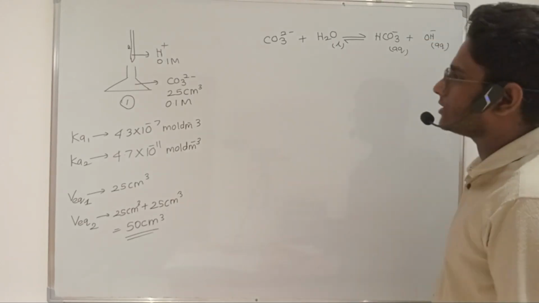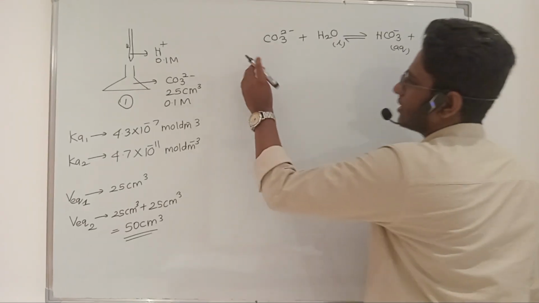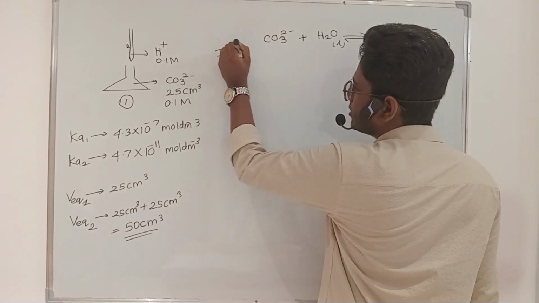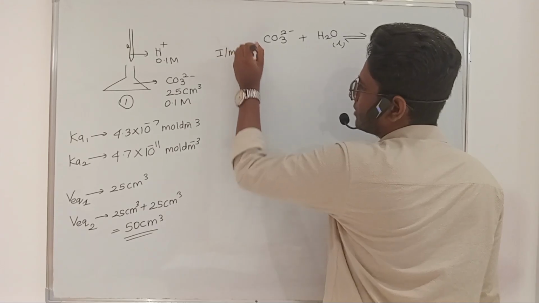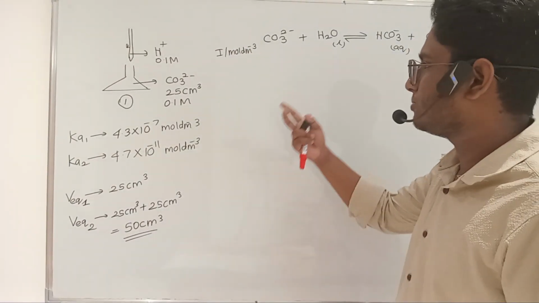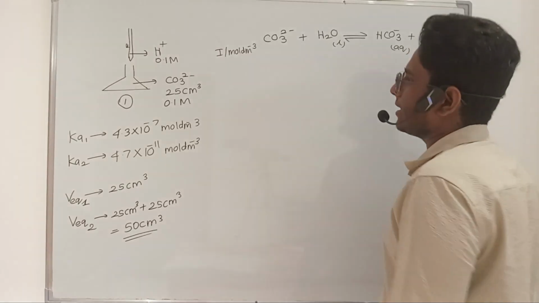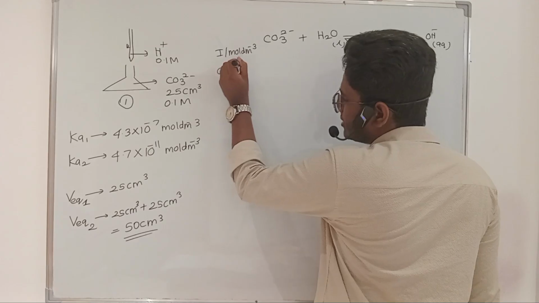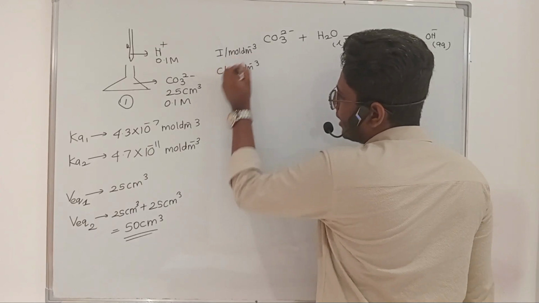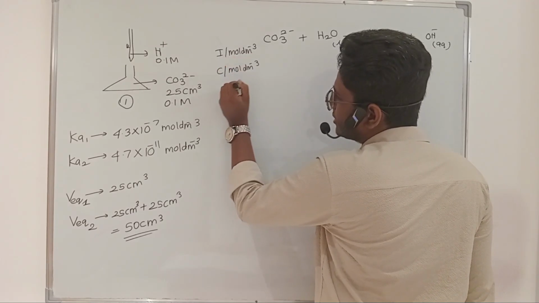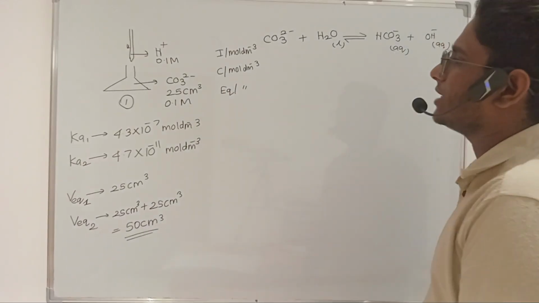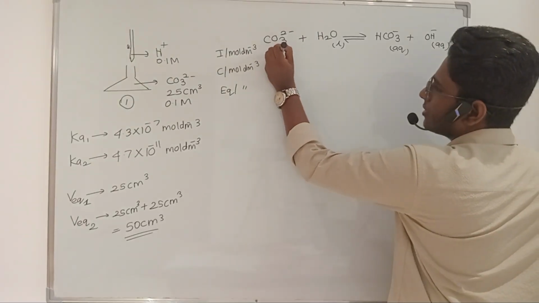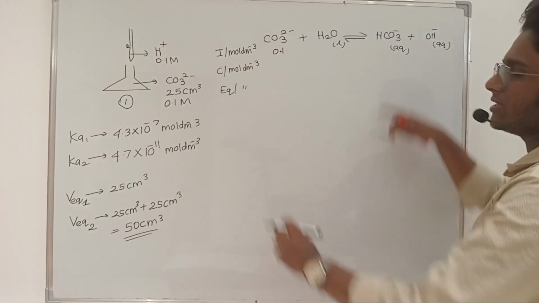Now how can you find the pH? You have to write the same three values, right? Initial concentration, change in concentration, and finally equilibrium concentration. We wrote this in Kp, Kc and Ksp also; now we are writing it in Ka. What is the initial concentration of carbonate? 0.1 mole dm minus 3, that is before the addition of H plus.